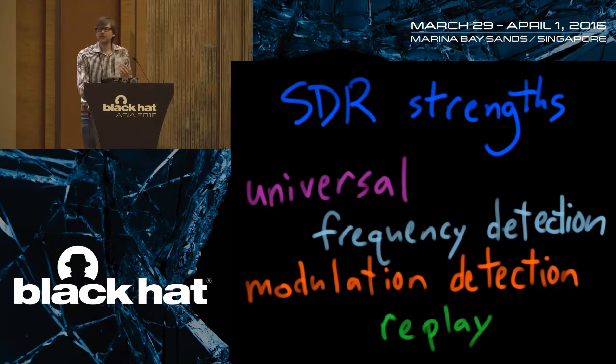And when you are doing reverse engineering, SDR is particularly handy. It makes it easy to detect the precise frequency of transmission of the system. It makes it easy to reverse engineer the modulation, to detect or figure out what the modulation is.